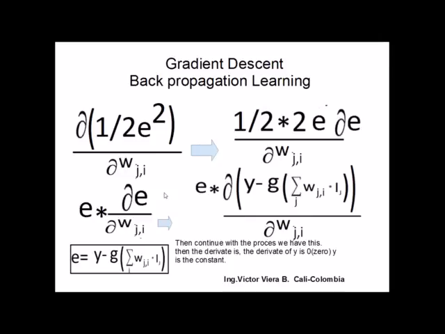When we derive this part, we obtain this expression: the derivative of error times y minus g of sigma over j w_ji times a_j, by the derivative of w_ji.